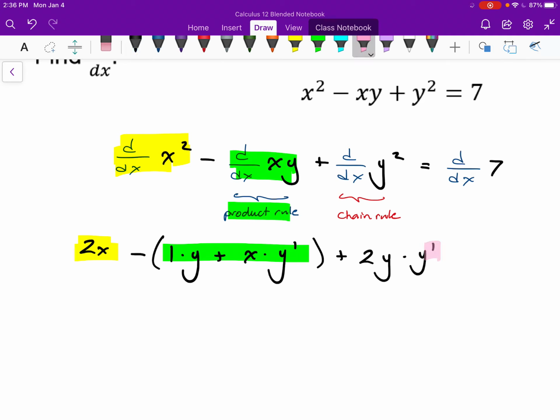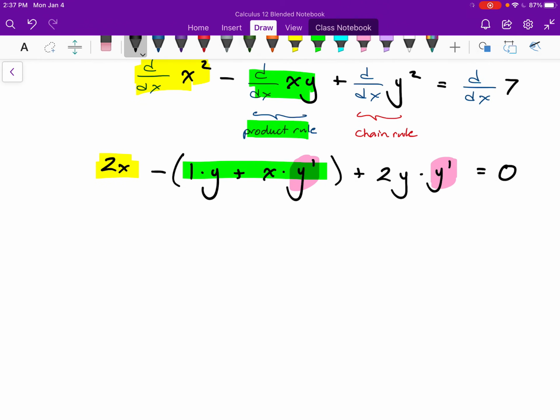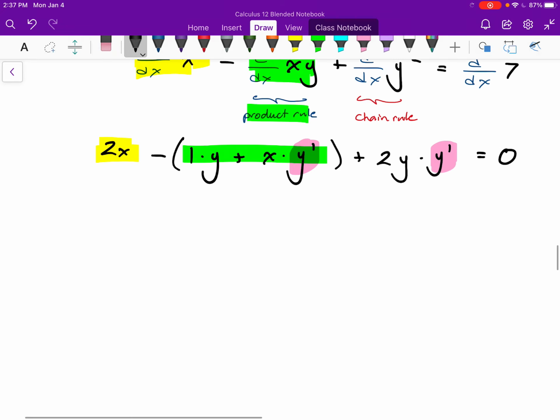There's that y prime again, there and there. And on the right-hand side, the derivative of 7 with respect to x is 0. Okay, so really, if I forgot about these brackets, I'd have the wrong sign. But again, if you look at the step above, I was subtracting the derivative of x times y, so I have to subtract all these terms. So let me just clean this up a little bit.